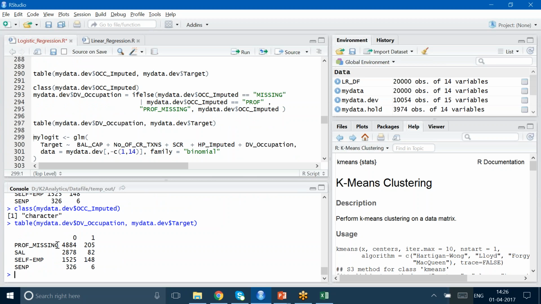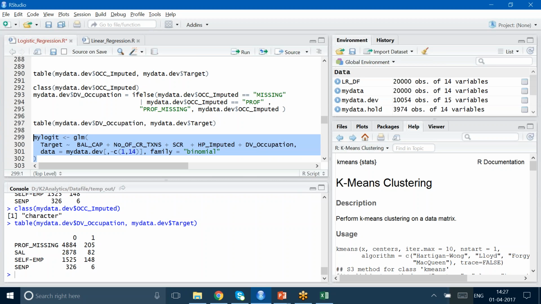I did a table with respect to the original column, and I'm now rechecking whether the variable has become corrected, whether merging of the categories has happened, but I'm still doing it with the original column. That doesn't make sense. Okay, now you have done that. So my data.dev, this data set, we have to rebuild the logistic regression.